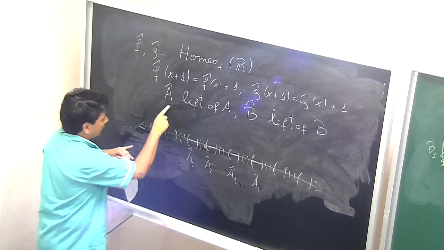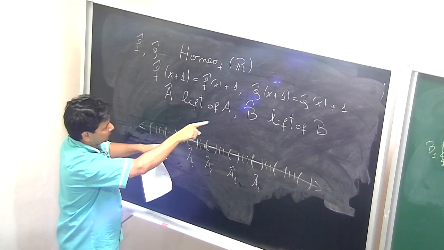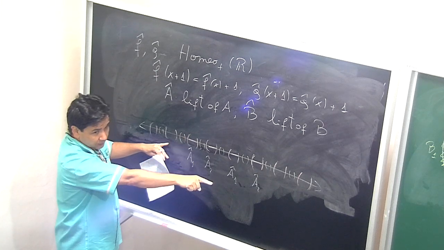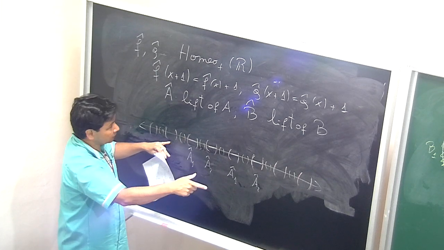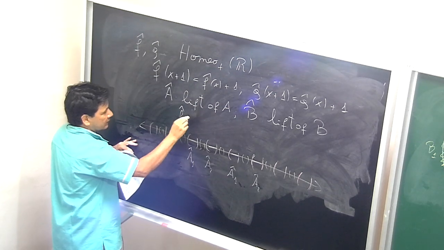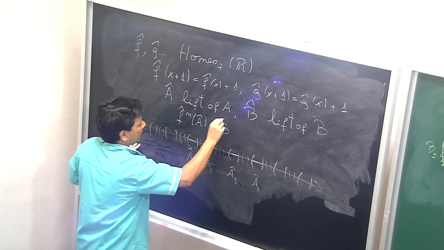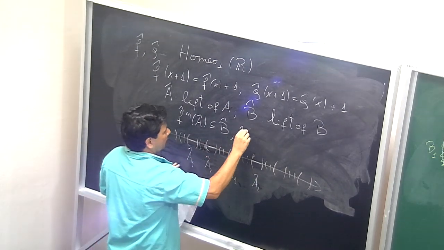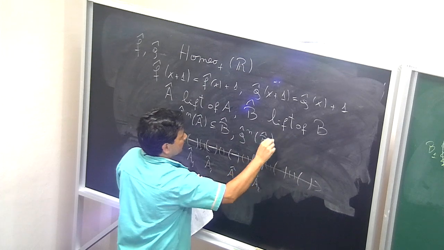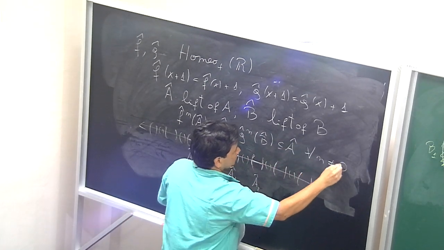the A hat will be the union of all these red intervals, and B hat will be the union of all these green intervals. These are disjoint, and you still have the properties that F hat to the power n of A hat is included in B hat, and G hat to the power n of B hat is included in A hat for every n which is different from 0.